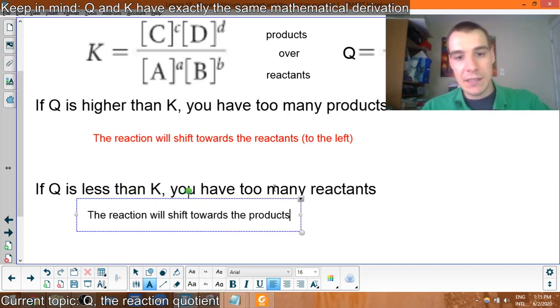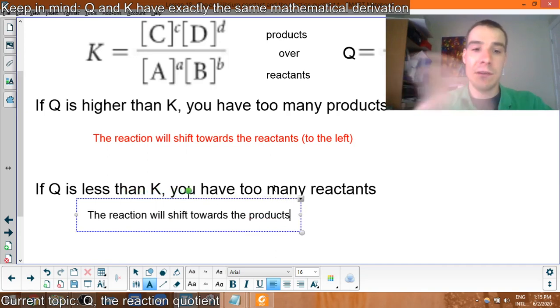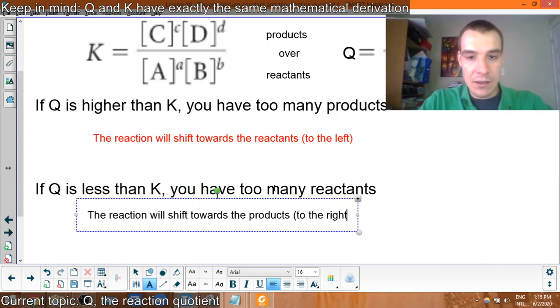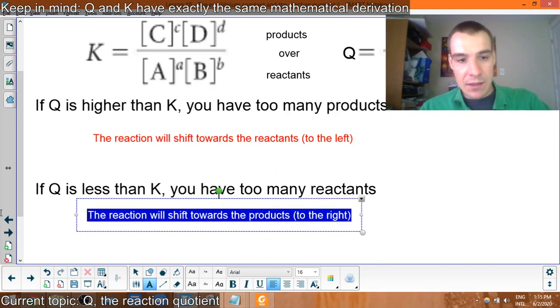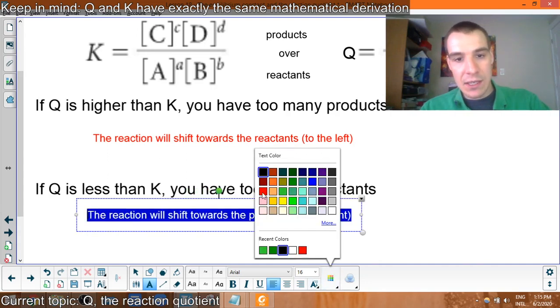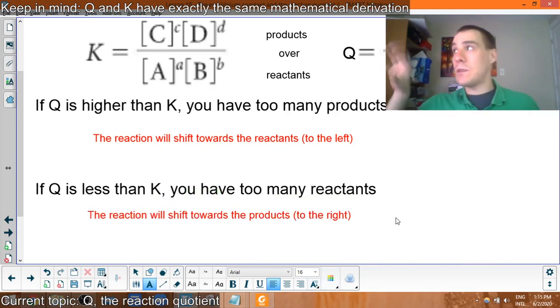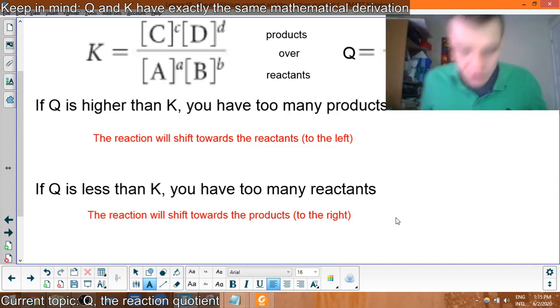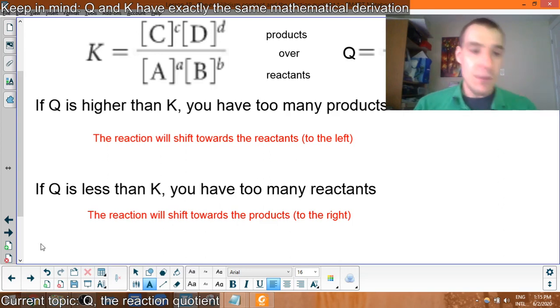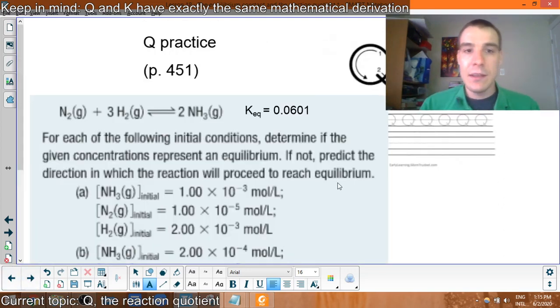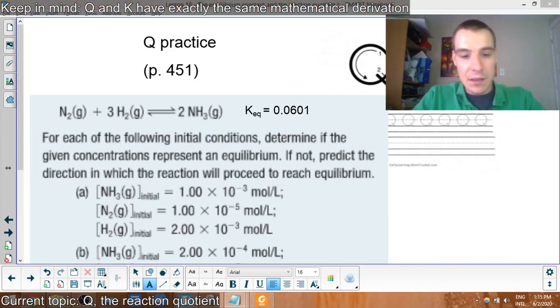You have too many reactants, which means not enough products. Your reaction is going to shift to make more products, which is to the right. And that's how we can use Q and K to predict whether we are on one side or the other side of the true equilibrium, and whether we are going to go left or right. So we'll just do a practice problem here, comparing Q and K.